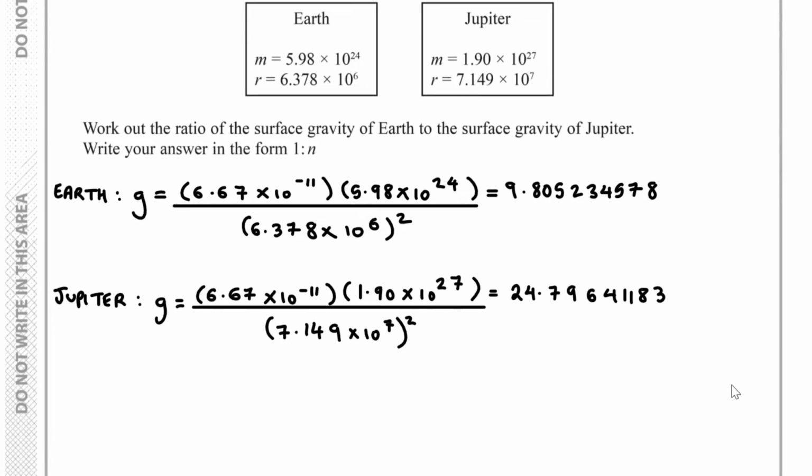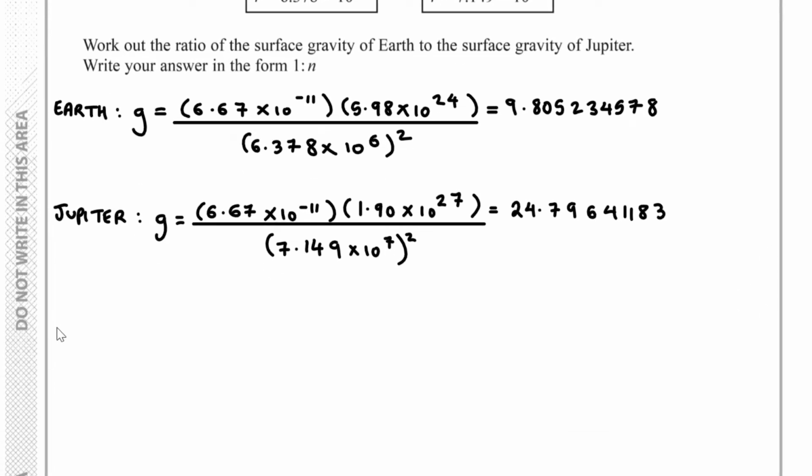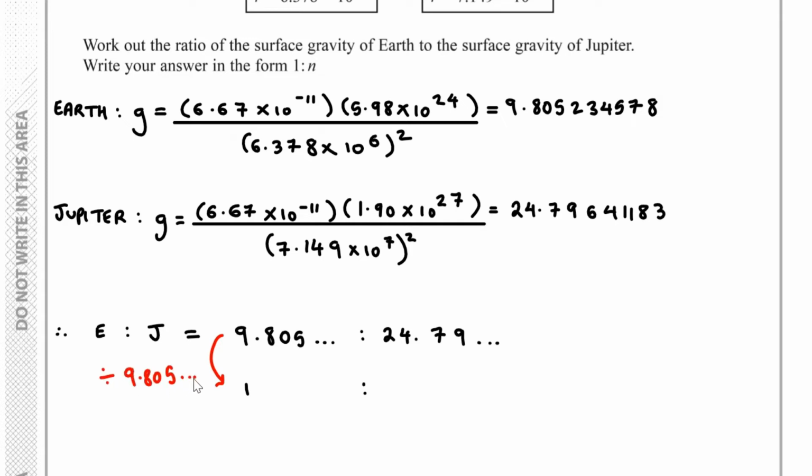And now the ratio of the surface gravity of Earth to Jupiter is equal to 9.805, etc., to 24.79, etc. So if we write this in the form 1 to n, we'd have to divide by 9.805, etc., and here we'd have to do the same thing.